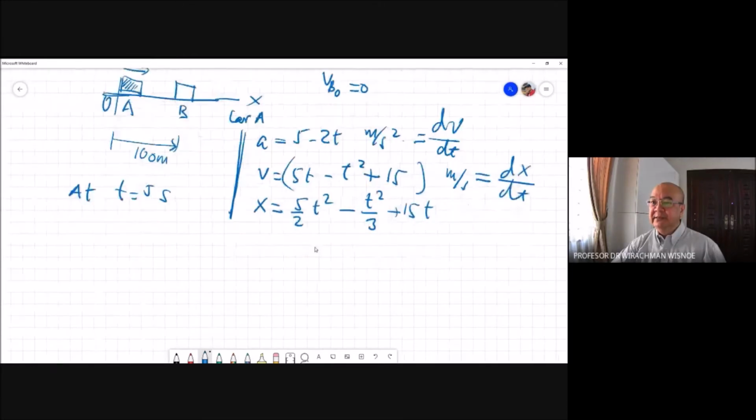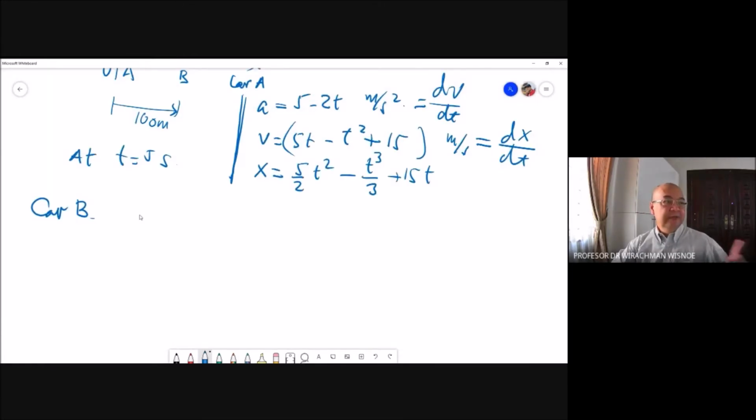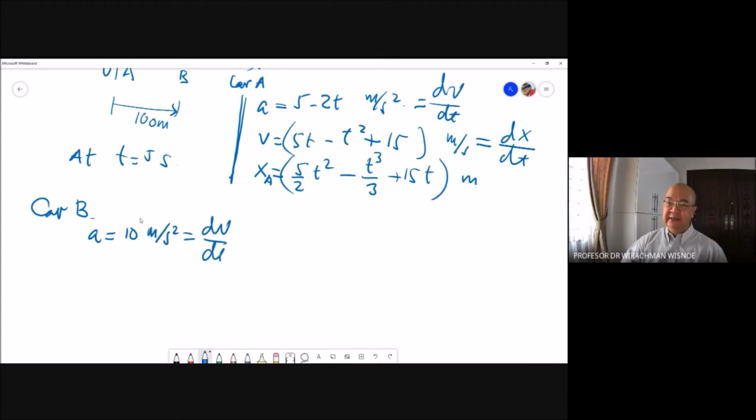Car B, which is 100 meters ahead of car A, starts moving from rest along the same straight path at the constant acceleration of 10 meters per second squared. So a is 10 meters per second squared. This is dv over dt. It means v equals 10t plus v naught.